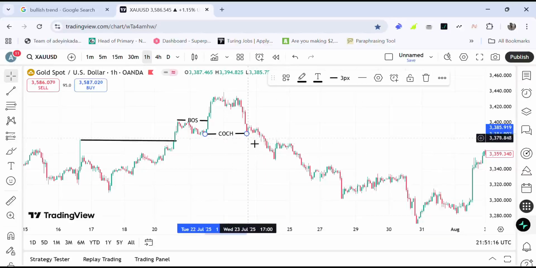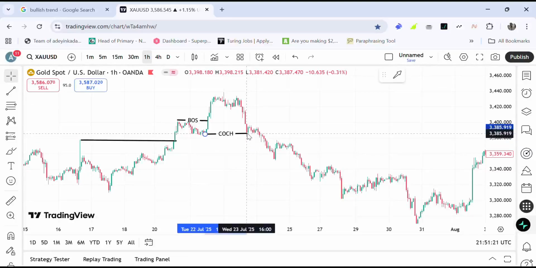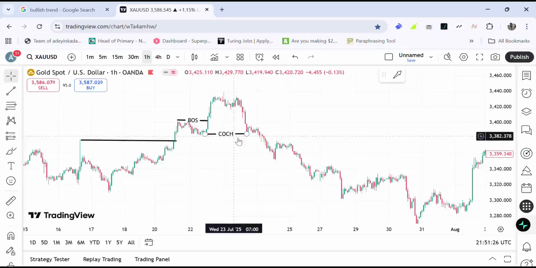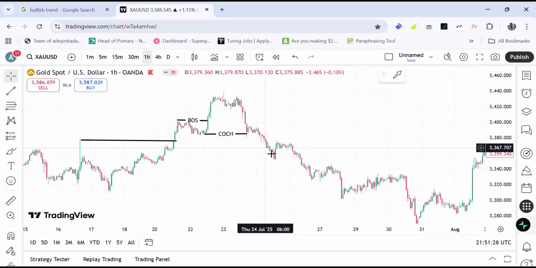So this is a change of character right here, right? Why do we call it a change of character? Because the market did not continue the trend. The market changed the trend to the downside at this point.